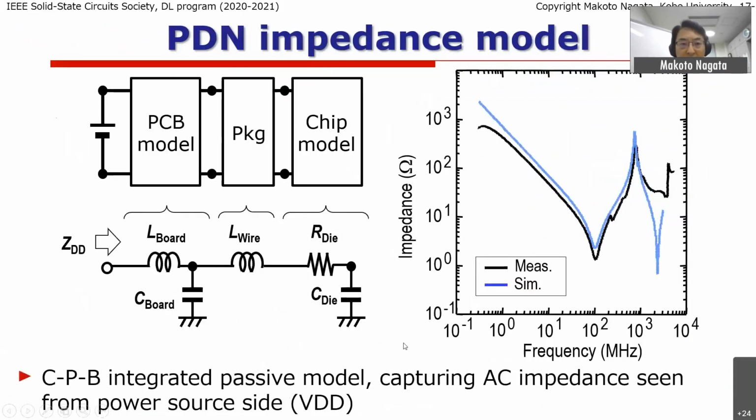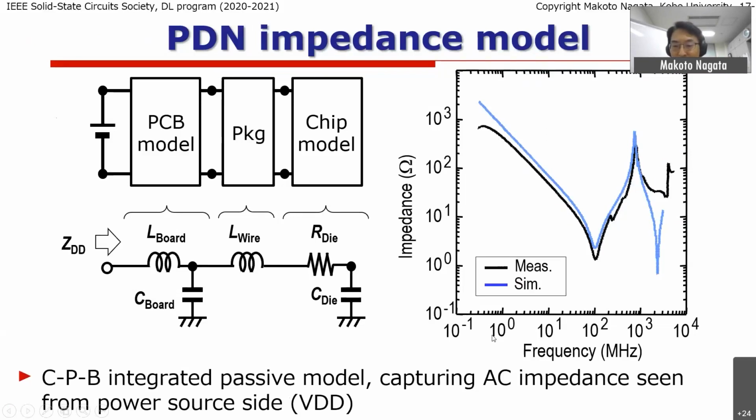For the passive part, as I mentioned, the lumped or distributed components can be extracted and simulated with existing simulators like SPICE. And the frequency response of the impedance can be extracted by the simulation, as shown on the blue curve on this chart, and that matches well with the measurements.